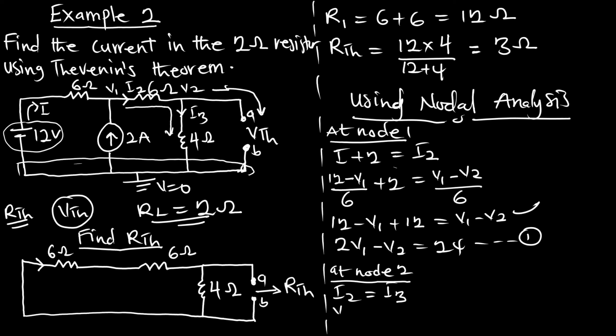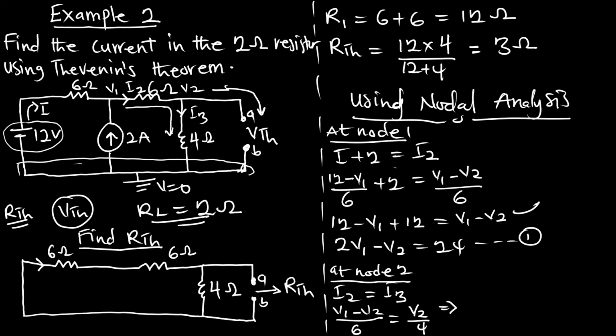I2 is from V1 to V2, everything over the resistor, which is what? 6, and that is equal to I3. I3 is also moving from V2 to the ground, minus 0, through the 4 ohm. And with this, you can simplify this to get your simple equation.